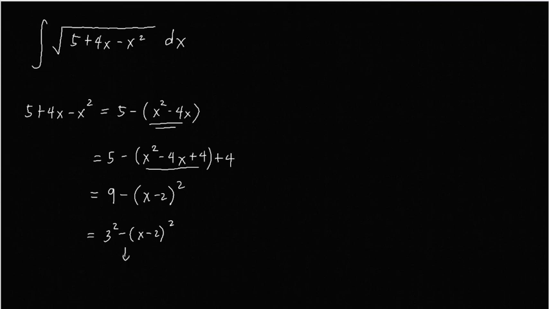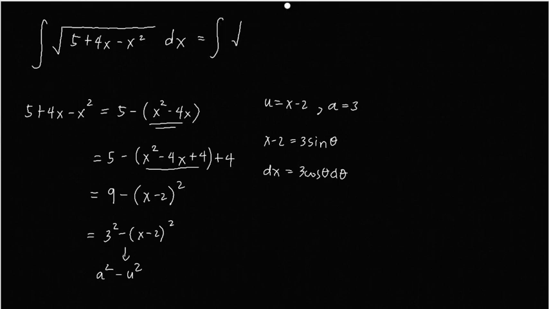And this is in the format of a squared minus u squared, in which u is equal to x minus 2 and a is equal to 3, so that we can say that x minus 2 is equal to 3 sine of theta, and dx is equal to 3 cosine of theta d theta. So we can now substitute it here carefully.